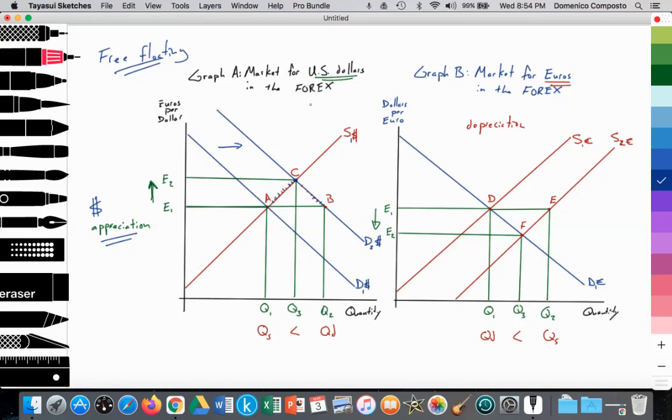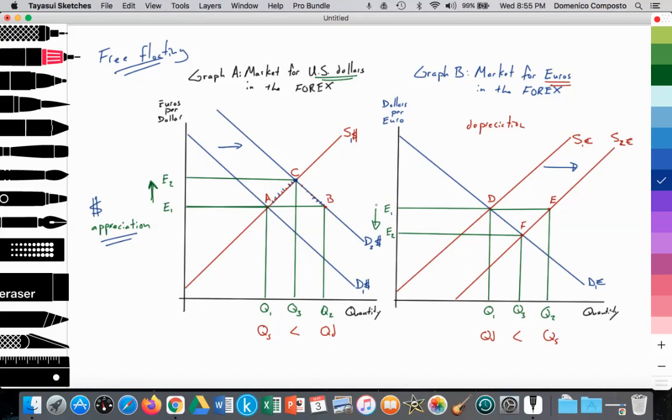If investors want to increase their demand for dollars, they must be holding some other currencies. So we're going to assume that they're holding euros, and they decide to sell off the euro in order to demand dollars. So in graph B, we see that the supply of euros increases from S1 to S2. We're going to hold the value of the euro constant in the short run at E1. And we see that at Q2, quantity supplied is greater than quantity demanded.